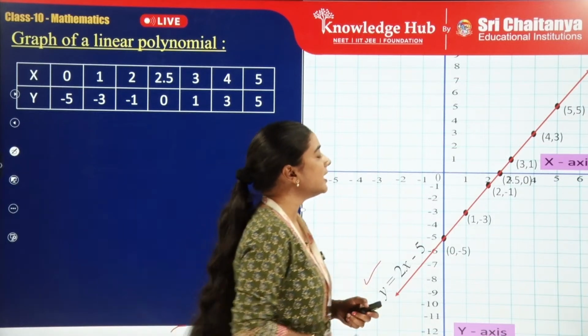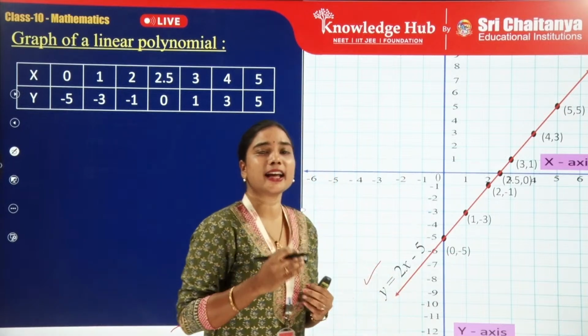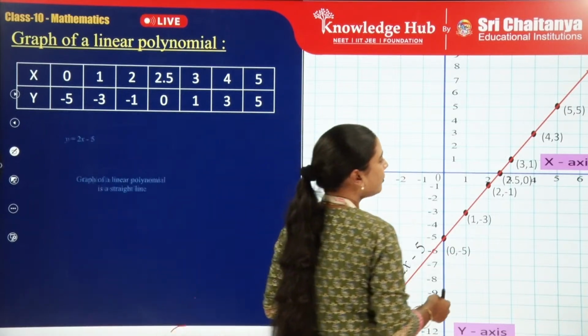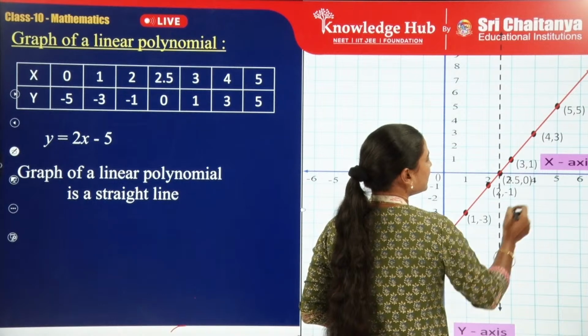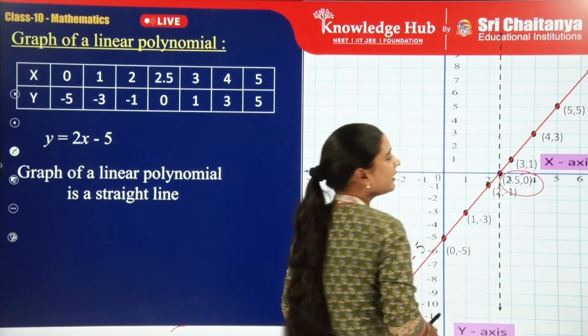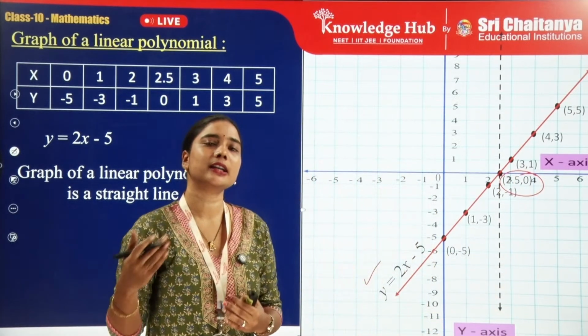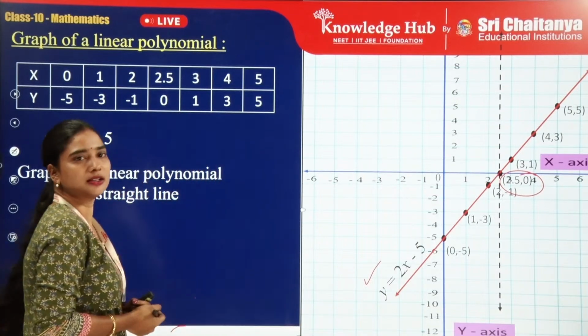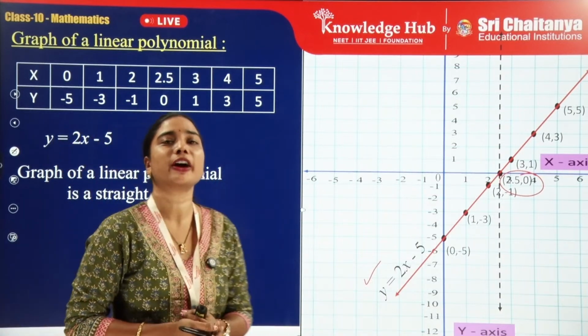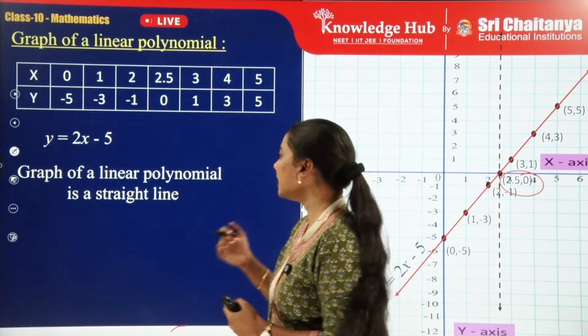So here this graph cuts the x-axis at one point. What is that point? That is (2.5, 0), or it is (5/2, 0). Hence that point is a solution of the line.